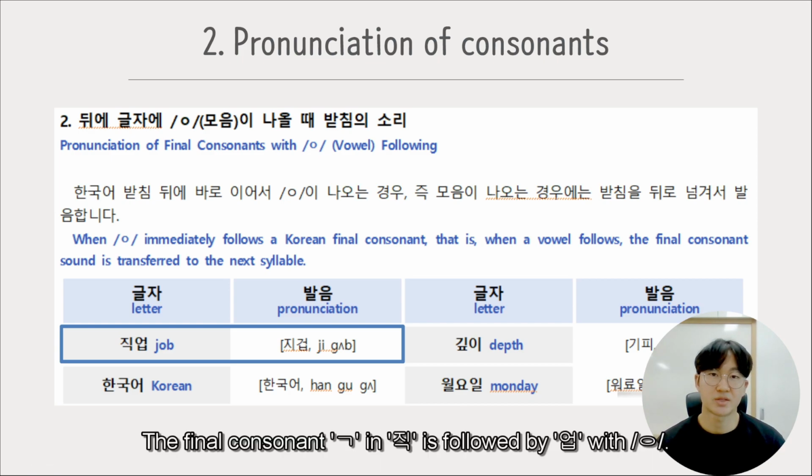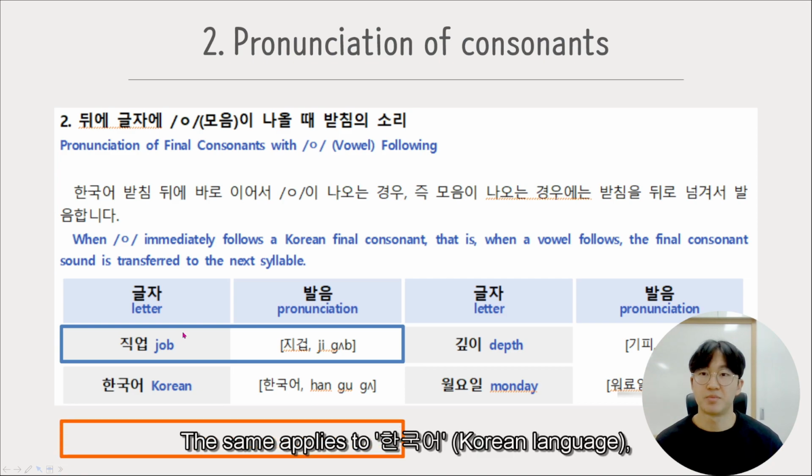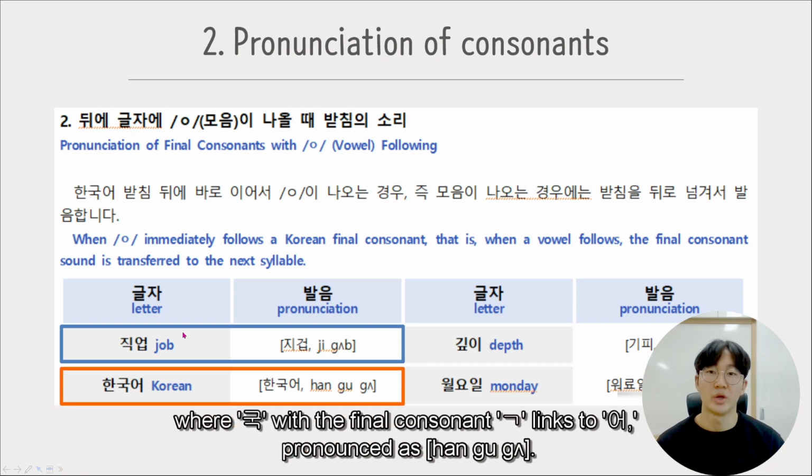The final consonant 기역 in 직 is followed by 이응. In this case, you link the final consonant 기역 to the next syllable, pronouncing it as 직업. The same applies to 한국어, where 국 with the final consonant 기역 links to the next syllable, pronounced as 한국어.